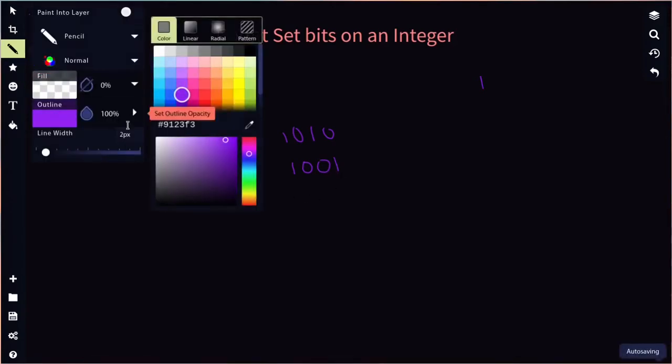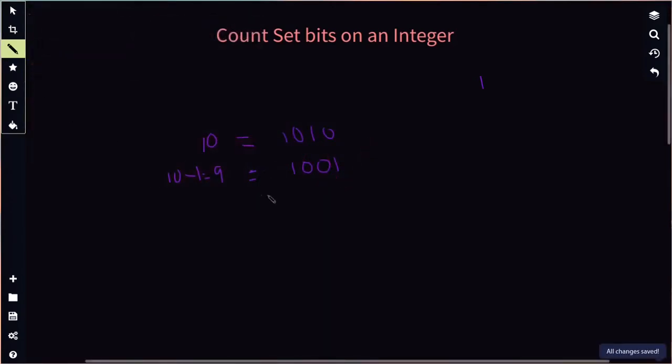What you can observe from this is that when you subtract 1 from a decimal number, in this case 10, all the bits till the rightmost set bit are flipped. You can observe here, right? 0 becomes 1 and 1 becomes 0.